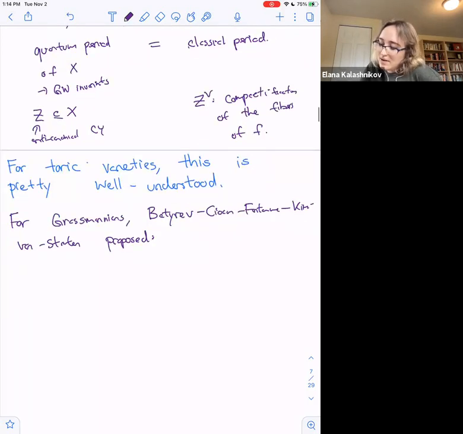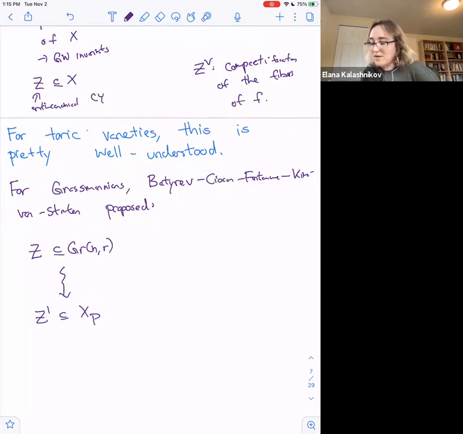If you take your anti-canonical Calabi-Yau Z inside your Grassmannian, they said, well, you can take a toric degeneration of the Grassmannian to some toric variety, which I'll call X_P, and then Z degenerates to an anti-canonical Calabi-Yau inside the Fano toric variety.